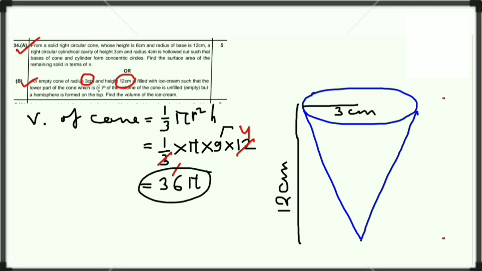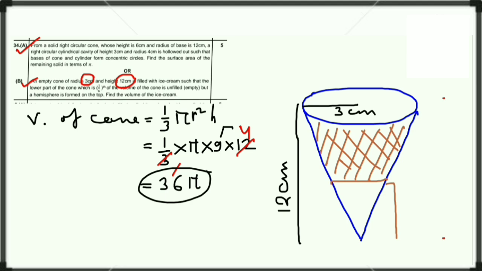Further it has been written, is filled with ice cream such that the lower part of the cone, which is 1 by 6th of the volume of the cone, is unfilled or empty, but a hemisphere is formed on the top. Find the volume of the ice cream. Students, suppose this cone is only filled with ice cream up to this part, and this lower portion of the cone is empty.